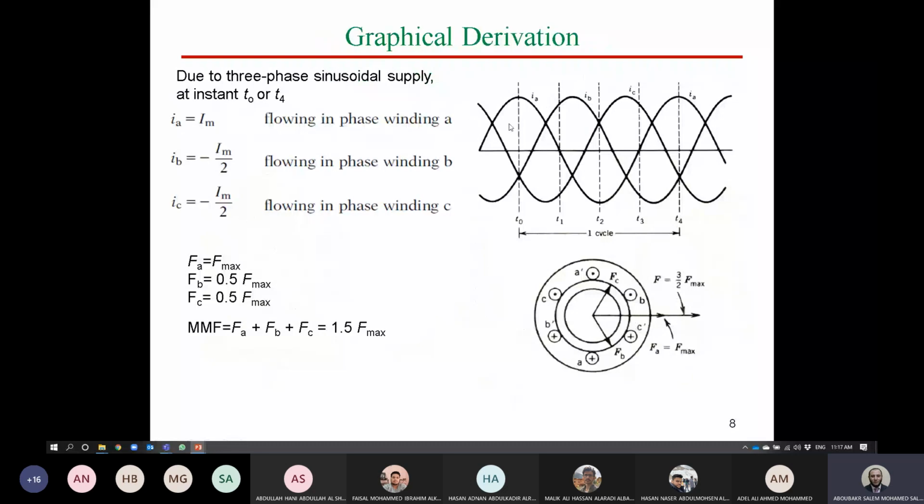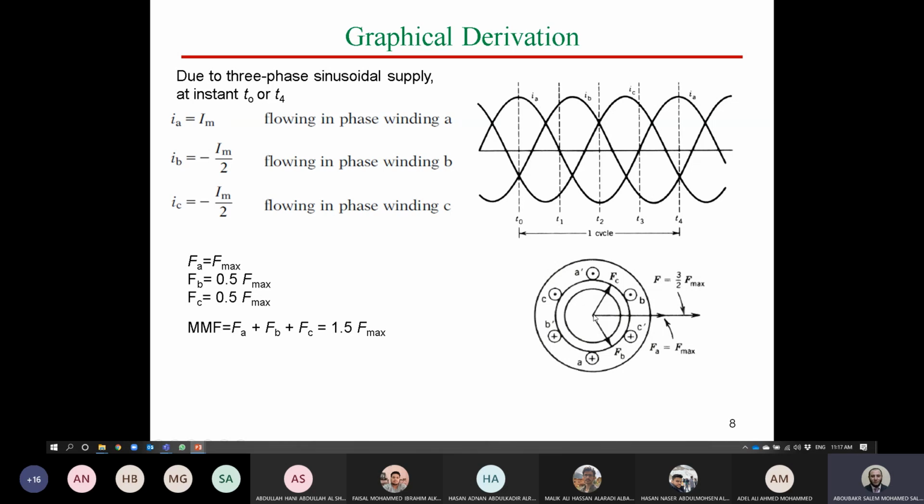If we have three phases like that, let's see together how the field travels to construct a rotating field in our machine. For the three phases, assume that at instant t0, IA is maximum, and IB and IC are negative with this value. So this is the field due to IA, and the fields due to B and C are negative.